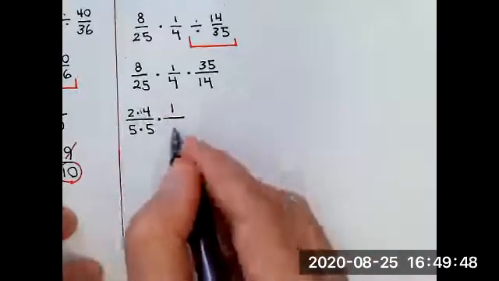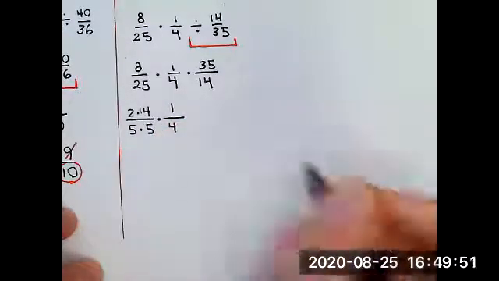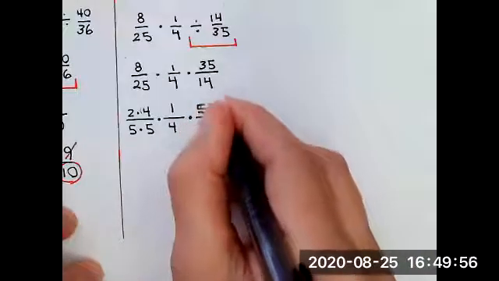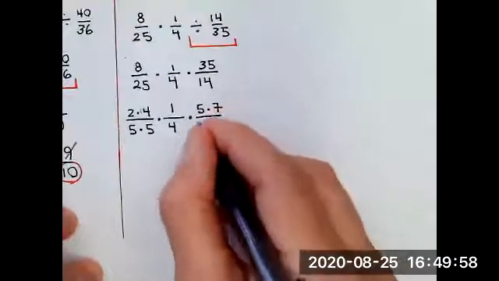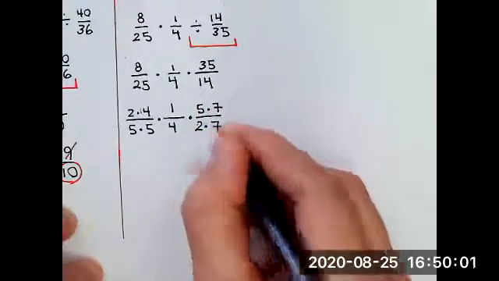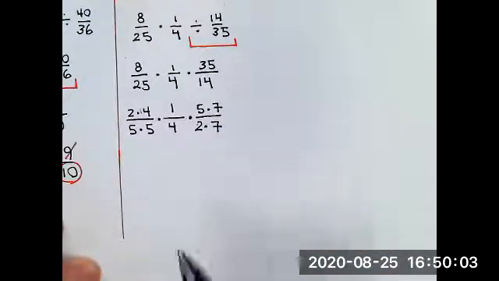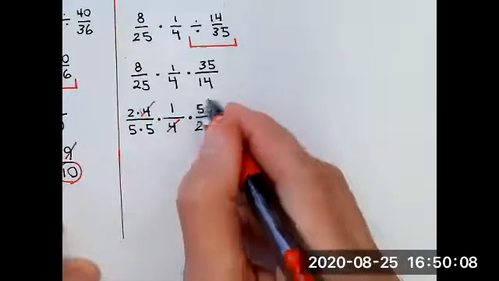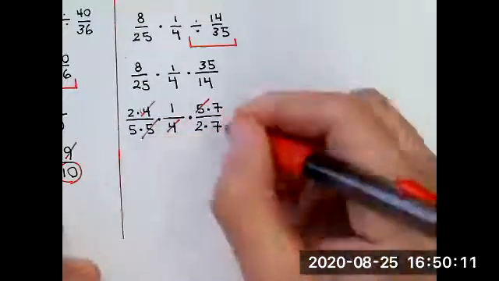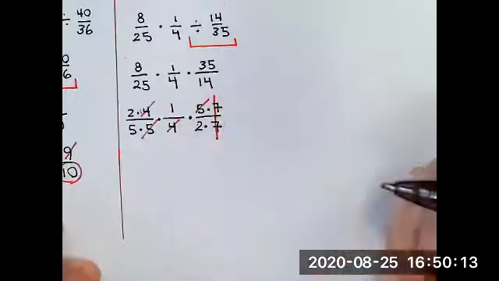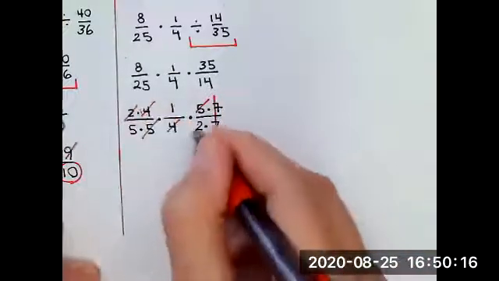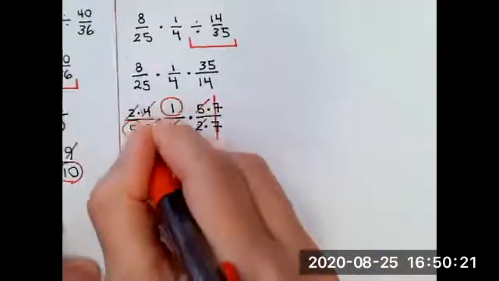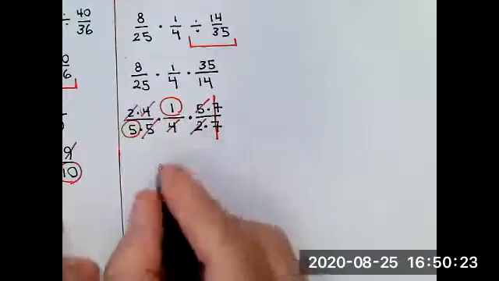I have a 4 here, so I'm not going to break this one down. 35 is 5 times 7. 14 is 2 times 7. So I got the 4/4, 5/5, 7/7 equals 1. 2/2 equals 1. What do I have left? It's 1/5.